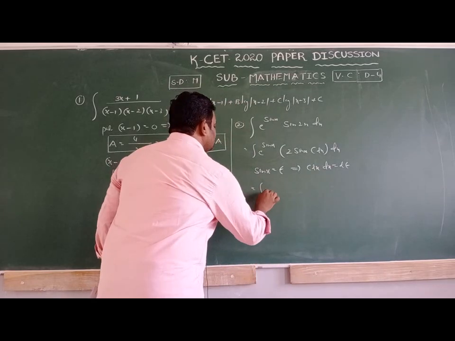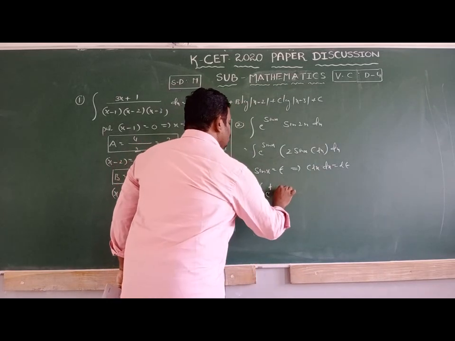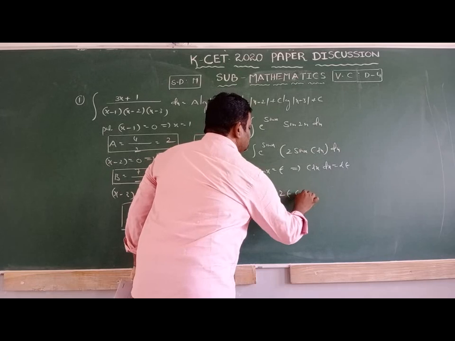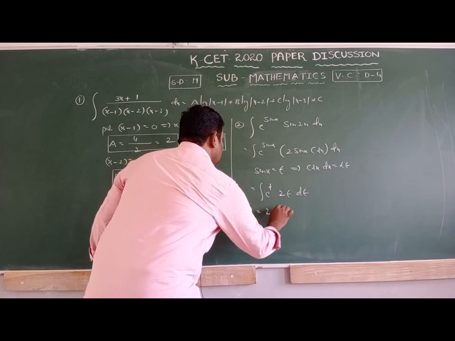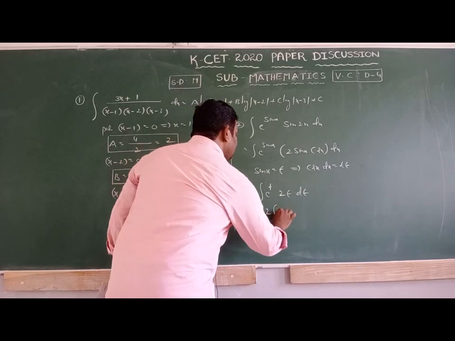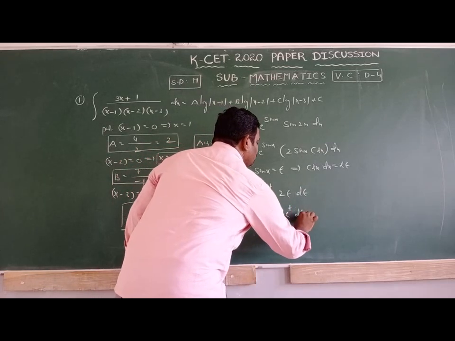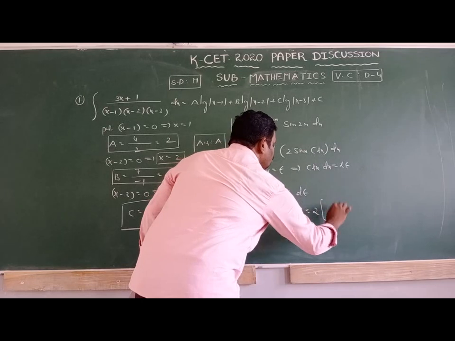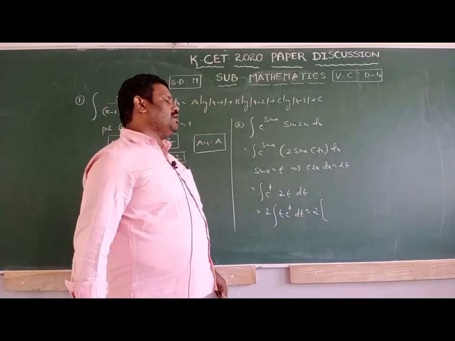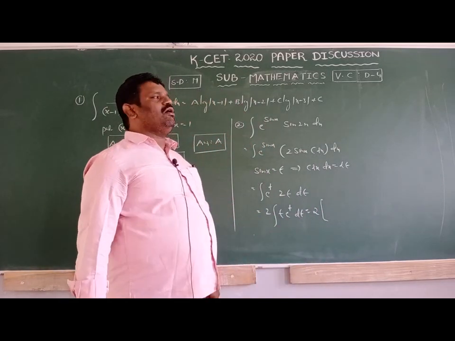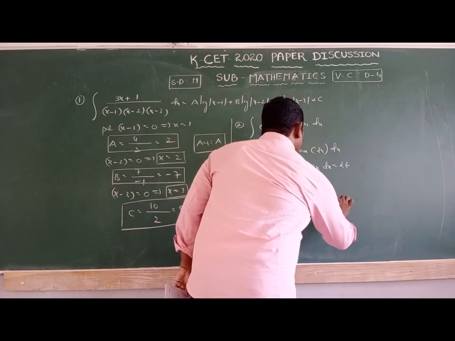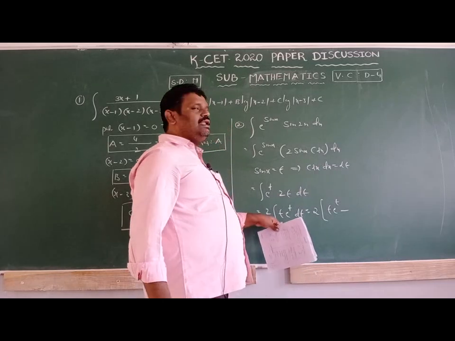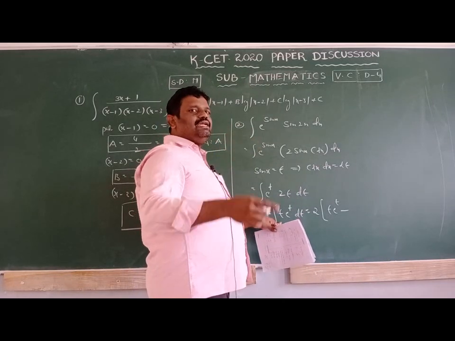Substituting the above value, we get e power t into 2t, and cos x dx is equal to dt. That is equal to 2 into integral t e power t dt. Now we use the by parts formula: t is algebraic and e power t is exponential, the algebraic function goes first. So t into e power t minus integral of the derivative of t, 1, into integral of e power t.